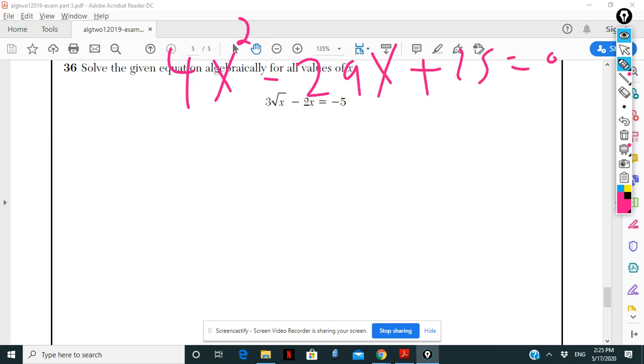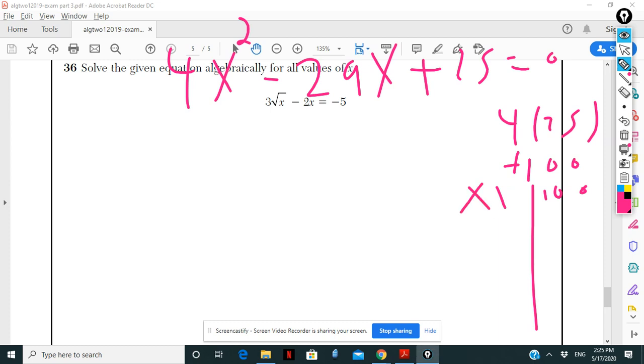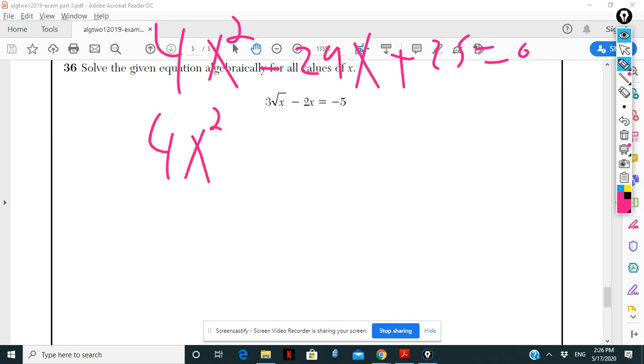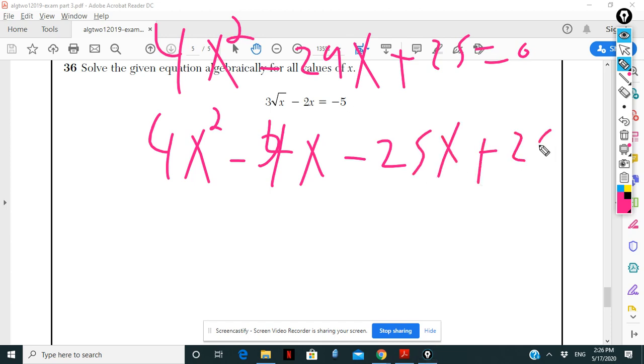I'm going to use the AC method. So 4 times 25 is 100, positive 100. So I'm looking for a sum of 29. So 100 and 1, no, that's 101. 50 and 2, that's 52. 25 and 4, yes, it's giving me 29. So 4x squared minus 29x plus 25 equal to 0. I'm going to break it down into 4x and 25x.